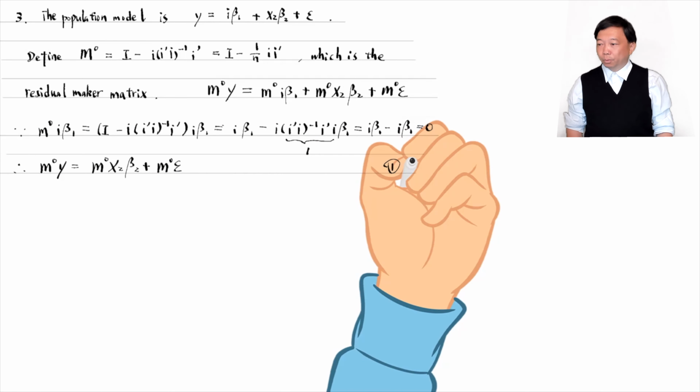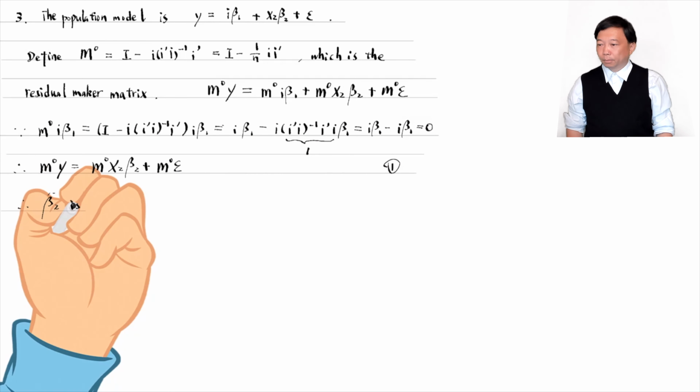We have equation 1. Applying the OLS method to equation 1 gives the estimator beta 2 hat, which is from the regression of M0y on M0x2. M0y is a vector of the deviations of y from its sample mean.